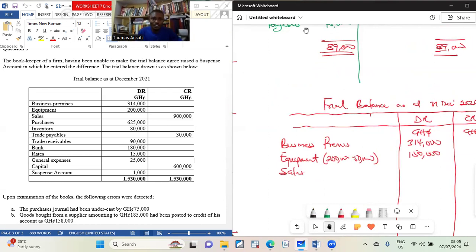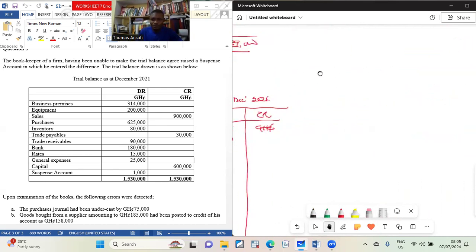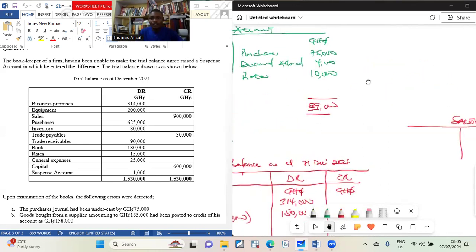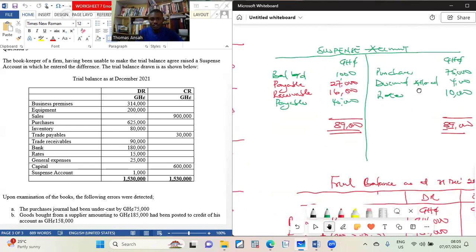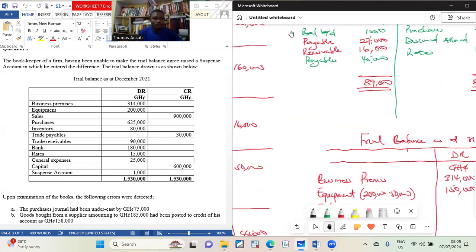All the things that affected the sales, you are going to do the same. Don't forget, sales has a credit balance. So we had 900 here before. So what are the things we did to sales? Go and find out in your corrections, the things that you did to sales, all right? If you find all of them, then you correct your sales.